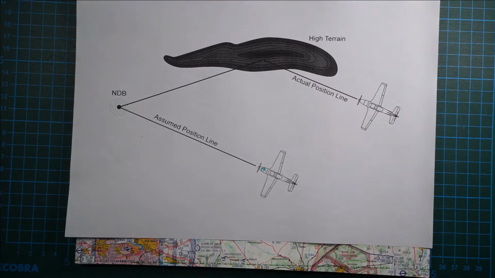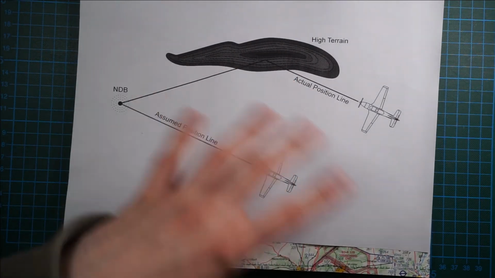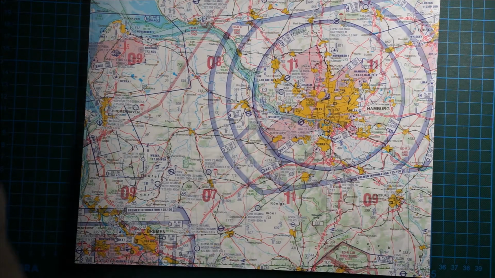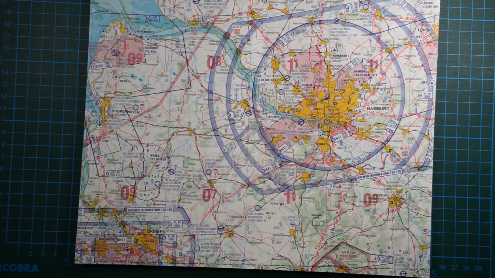And how to protect yourself from such possibly deadly mistakes is, first of all, keep this effect in mind, fly higher than the mountains, and if you have mountains along with your NDB, double check your position to avoid these effects. And lastly, ADF is also sensitive to the atmospheric conditions in our troposphere.